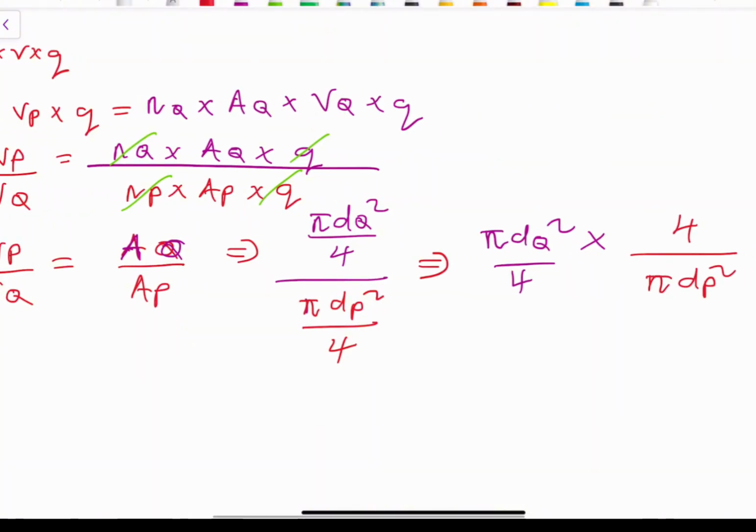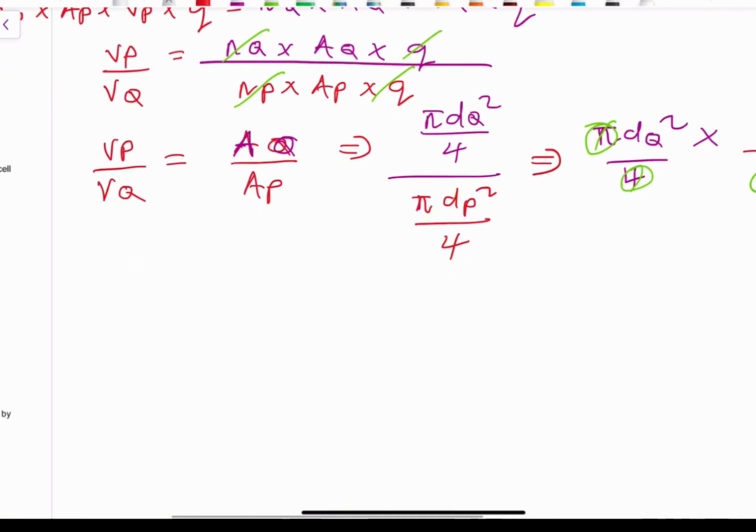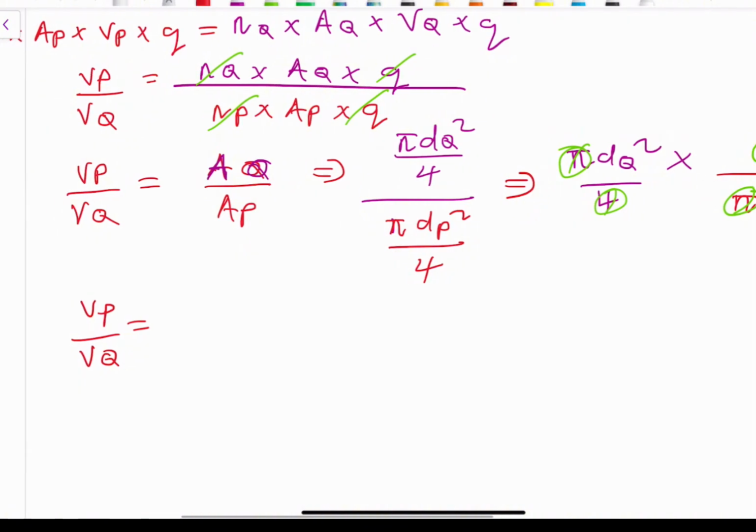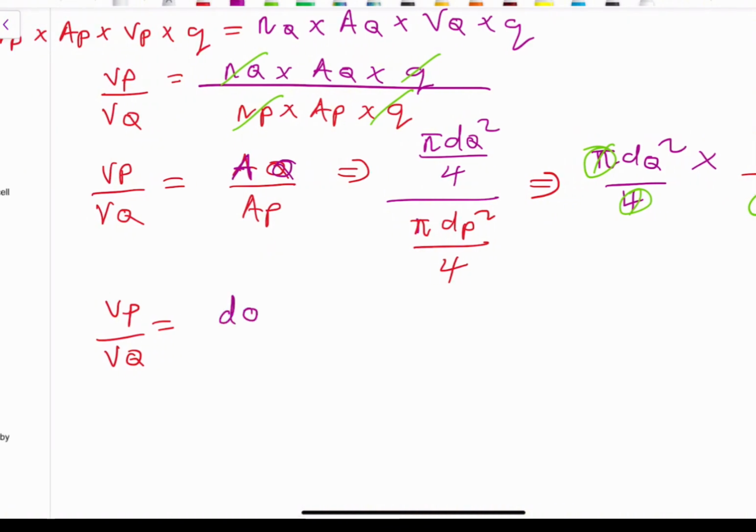So these 4s are going to cancel out, that pi and that pi are going to cancel out, and I'll be left with VP over VQ being equivalent to dq squared over dp squared.